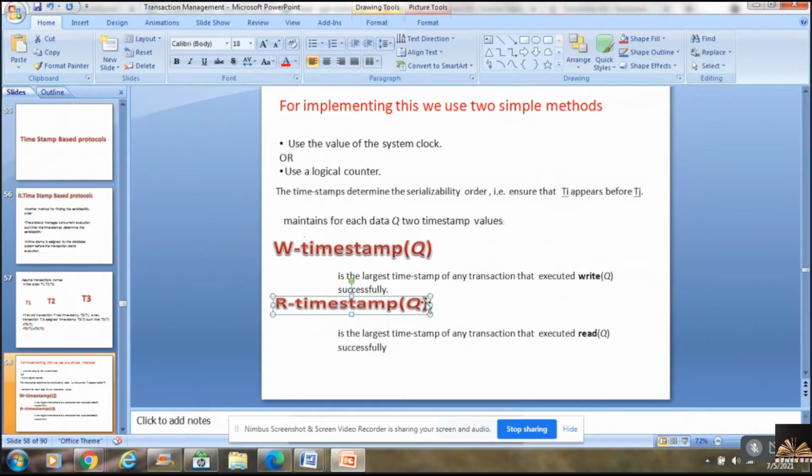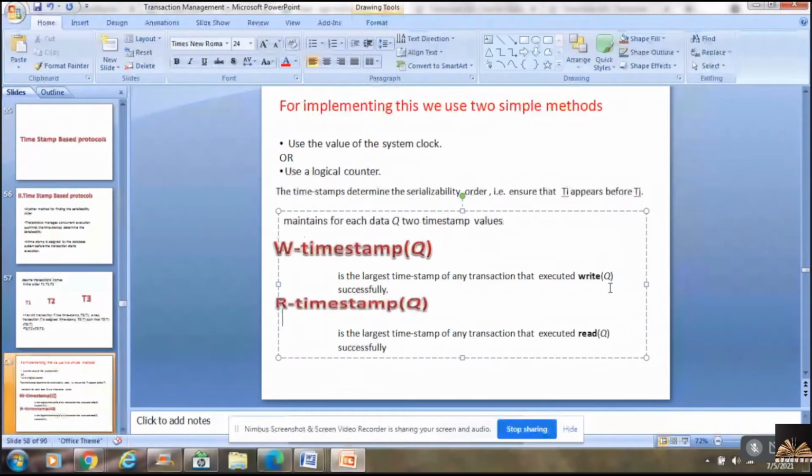The write timestamp is the largest timestamp of any transaction that executed write Q. So if a transaction has executed a write Q operation, the write timestamp would be the largest timestamp of that transaction. Maybe if I'm working at the time T3, the write timestamp of Q would be T3. It would be the same with your read timestamp of Q. It is the largest timestamp of any transaction that executed read Q successfully.